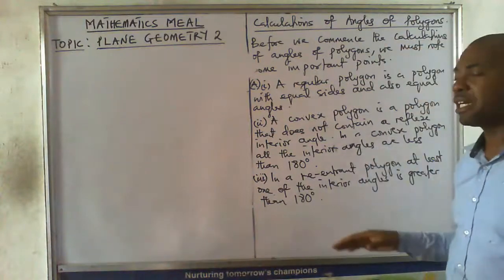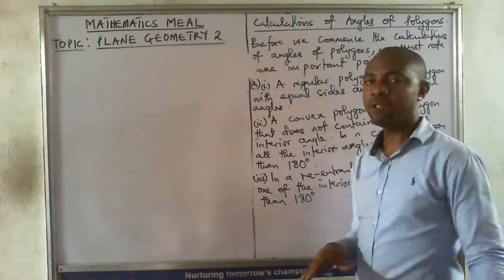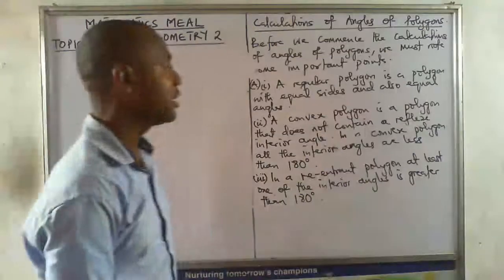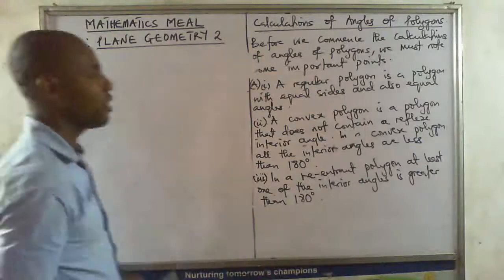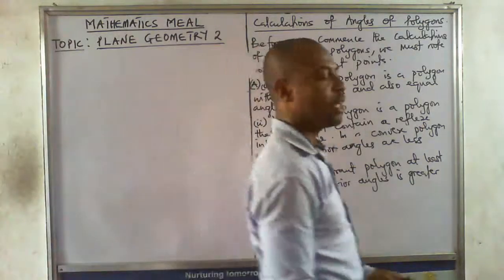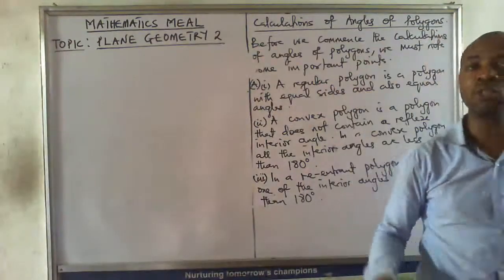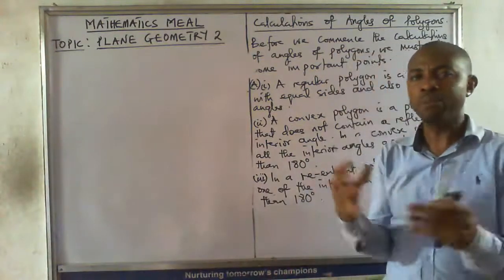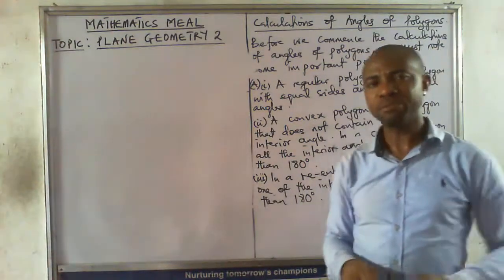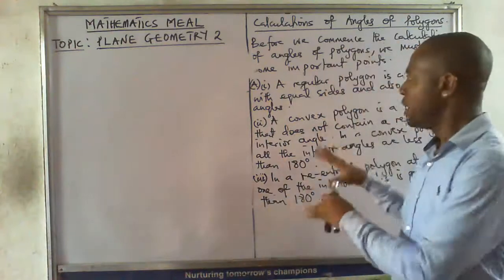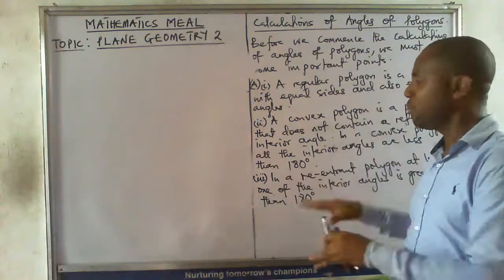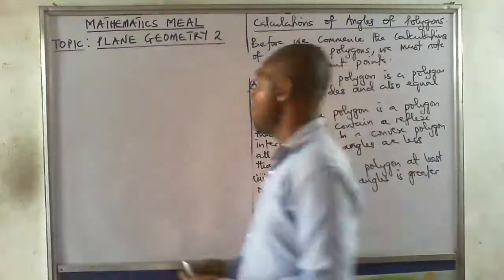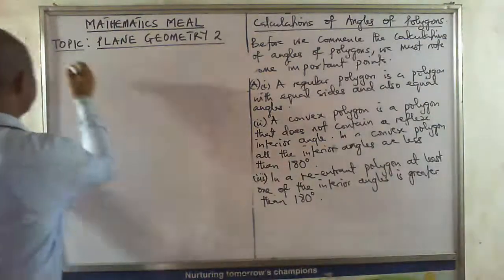All the things that you need to know in a particular topic, you need to first of all understand them before you start calculation. Someone will say, oh, you are writing too much. No, we are not just here to do calculation. We want you to become mathematical in nature. That's why we need to put down some of these important points in all the topics that we have handled so far.